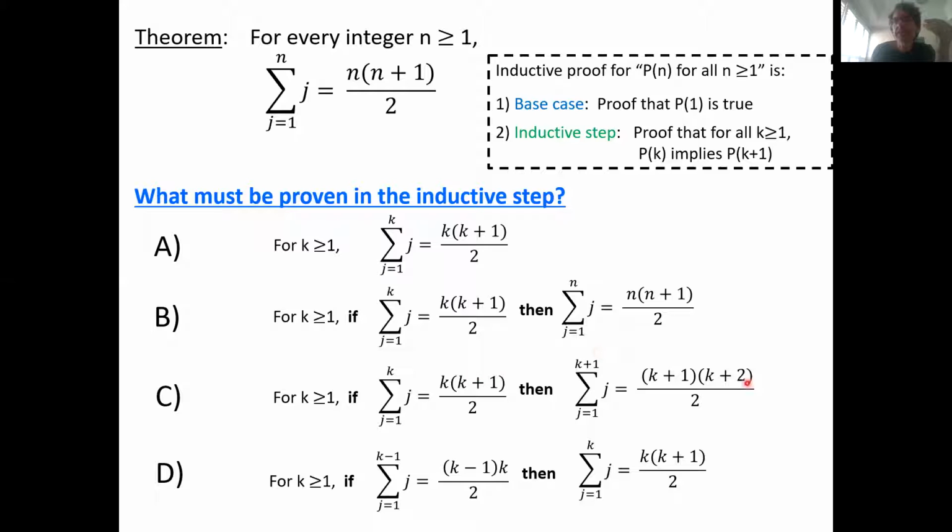Writing this down with n plus 1 is more error prone than replacing n with k plus 1, because with n plus 1, you can see how you can make a mistake here. You have to be careful. Now this becomes n plus 1 and this becomes n plus 2.